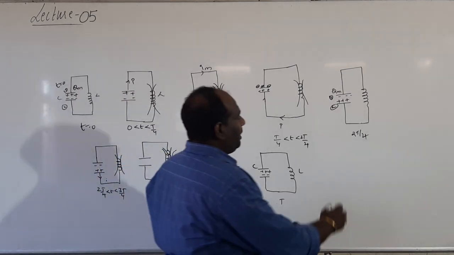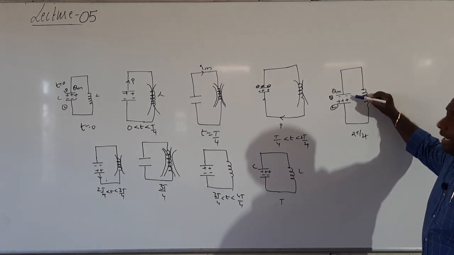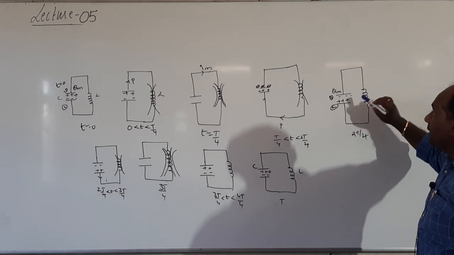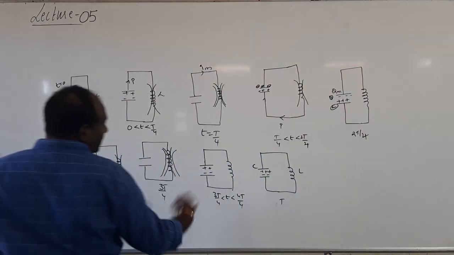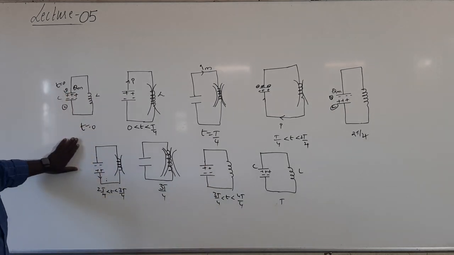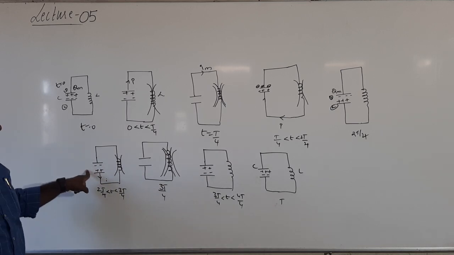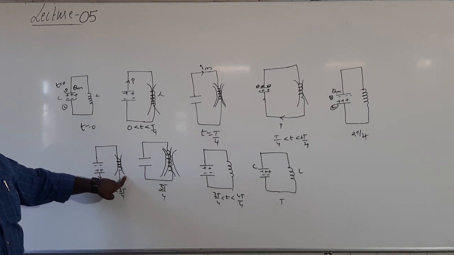At 2t/4, the second plate attains positive charge and the first plate attains negative charge. So the capacitor is reverse polarized, and once it is completely charged, the capacitor starts losing energy. The charge on the capacitor keeps on reducing, so the inductor gains the charge.